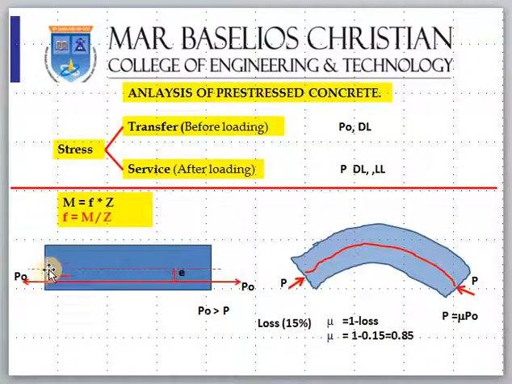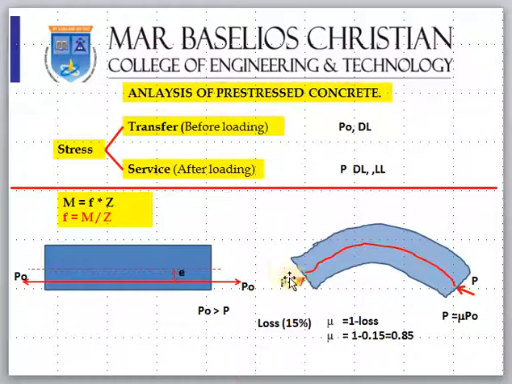Then once the setting is over and it starts being used, the live load comes, and you will not have the same force here actually. Why? Because there is a chance of slip. What I mean to say is, you apply a force initially, let us say 100 kilonewton, but when the live load comes, you are supposed to get this 100 kilonewton here also, but you may not, because it will try to push it down.